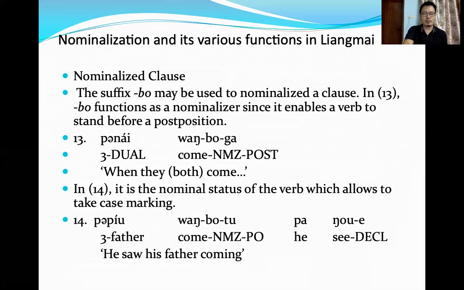In 13, bo functions as a nominalizer since it enables a verb to stand before a postposition. Panai wang buka, when they both come. In 14, it is the nominal status of the verb which allows it to take case marking. Papiu wang betu pa ngawe. He saw his father coming.